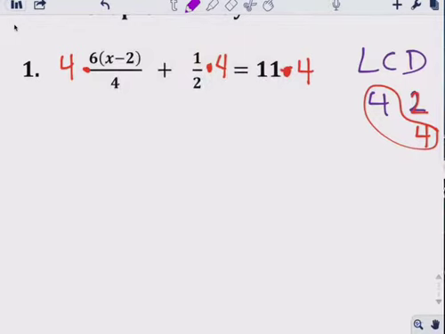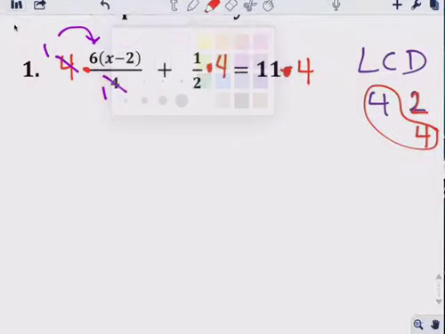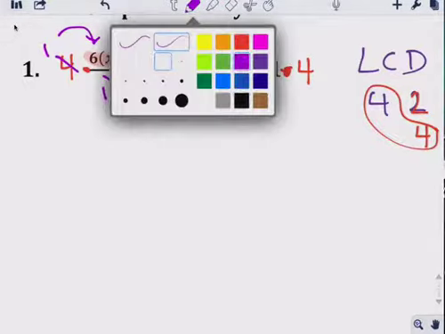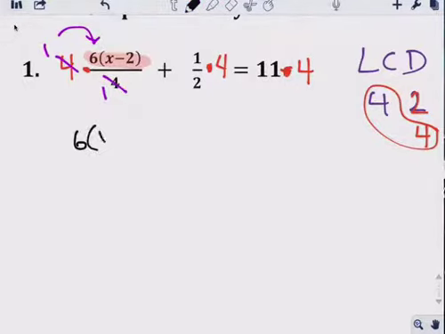Okay, cross cancel, that's a 1 and a 1. That leaves you 1 times 6 leaves you 6. Basically, it leaves you the same. Leaves you 6 parentheses x minus 2. Okay, cross cancel here. That's a 1 and a 2.